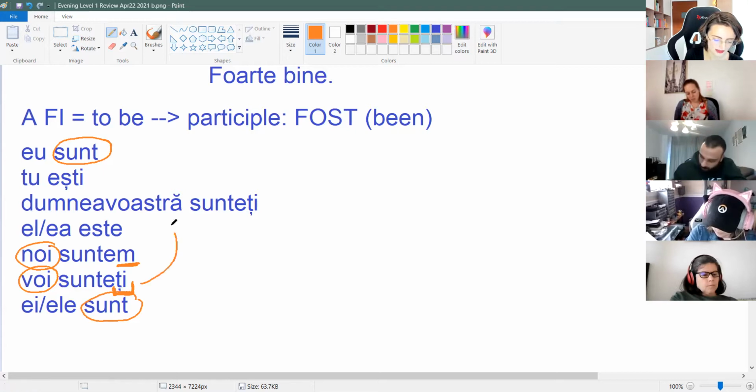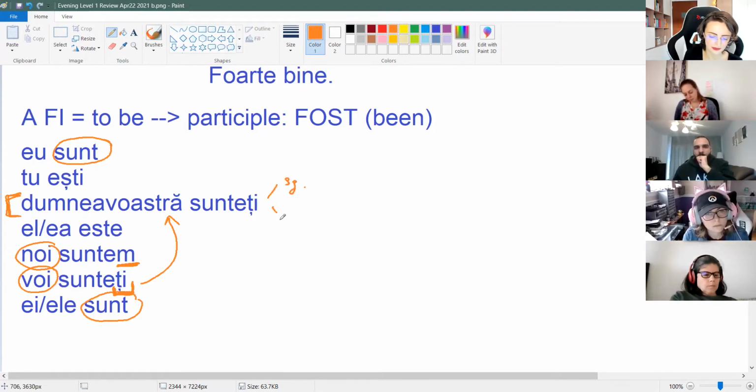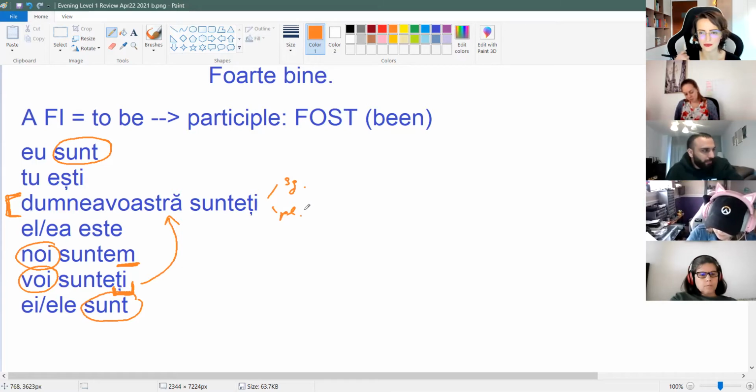Or because "dumneavoastră" acts like a "voi", it can also be about you polite. And "dumneavoastră sunteți" can be both singular and plural. So it doesn't matter whether you're talking to one person politely or to more people politely, you're still going to say "dumneavoastră sunteți". All right.